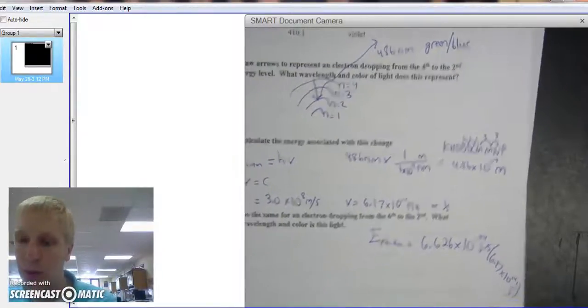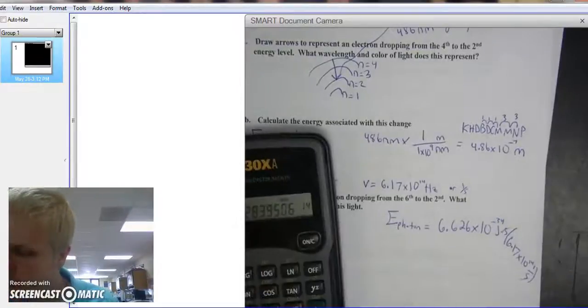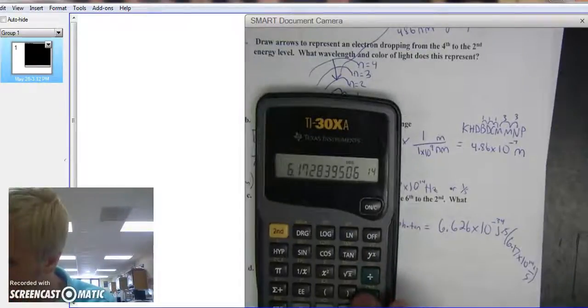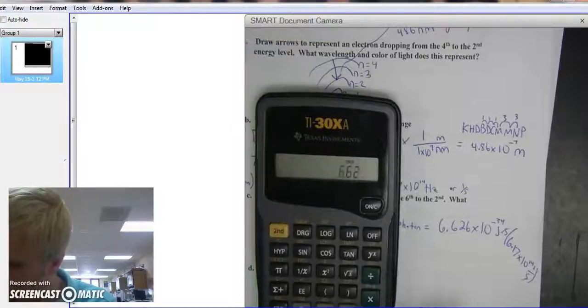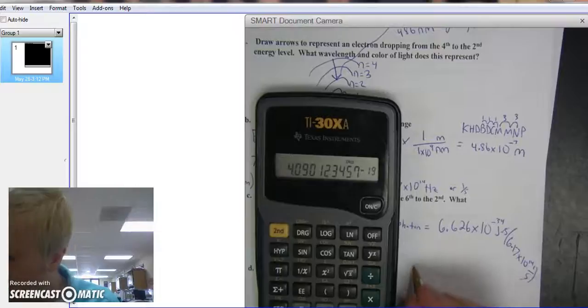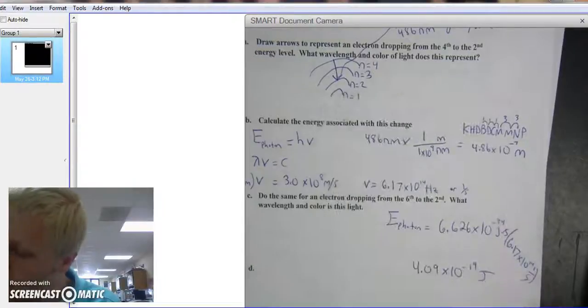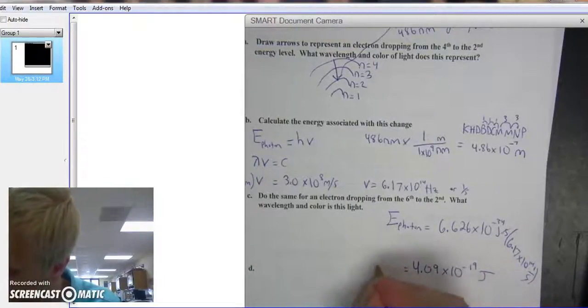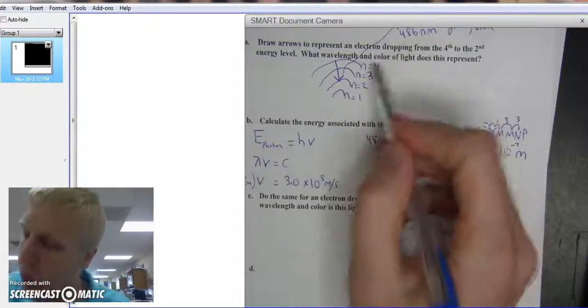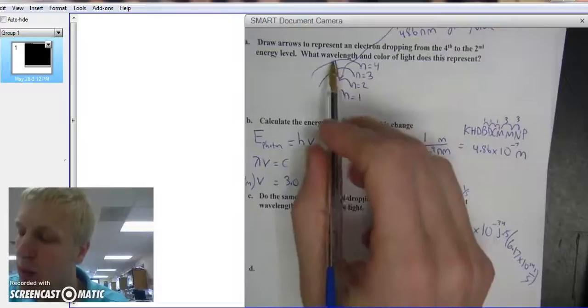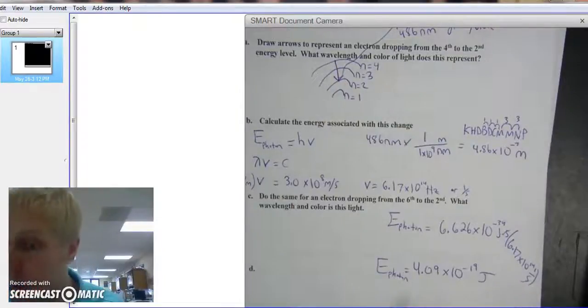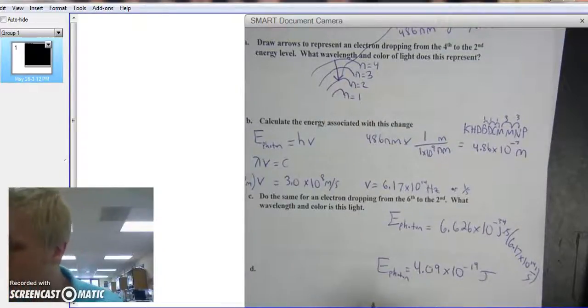We're going to be left with joules for our overall answer. Times this by 6.626 e negative 34 gives me 4.09 times 10 to the negative 19 joules, which is the amount of energy that this wavelength of light has when you move from the 4th to the 2nd energy level in the Balmer series for the element hydrogen.